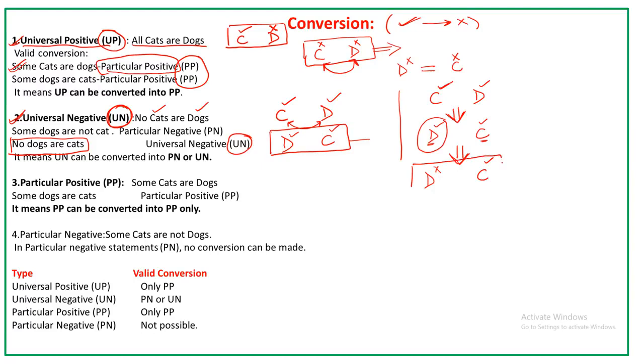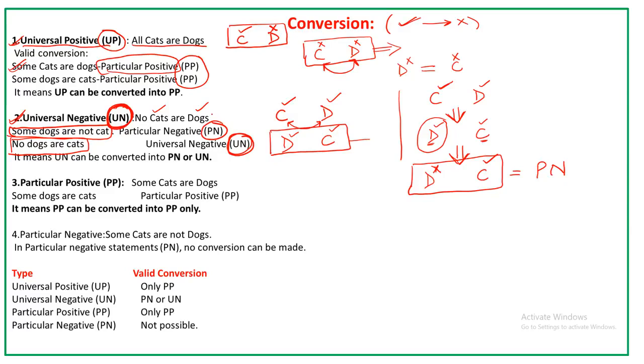And how do we say this statement? The first is cross, second is tick. We say that some dogs are not cats, and this is what? A particular negative statement. So what do we get to know? That a universal negative statement can be converted to a universal negative statement, and also a particular negative statement.